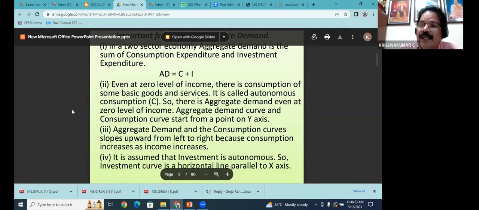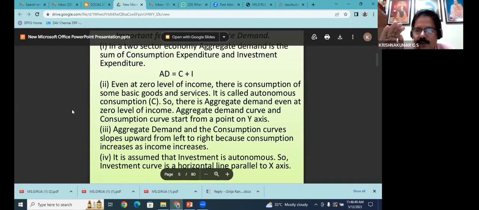Yes, excellent, ma'am. Actually, what we need to tell them is, suppose we produce or we plan to produce goods worth, say, 100 crore. So by selling these goods, the producers get 100 crore. What will happen to this 100 crore? It will get divided into 4 factor incomes: rent, wage, interest, and profits.